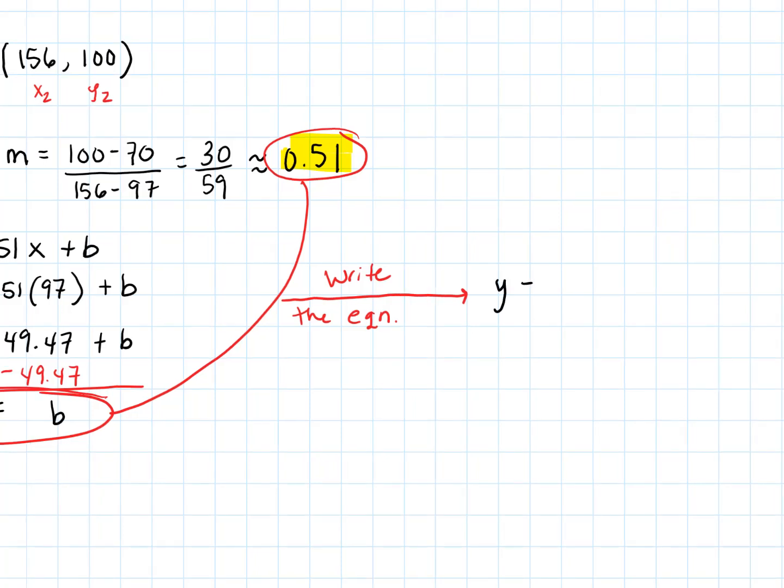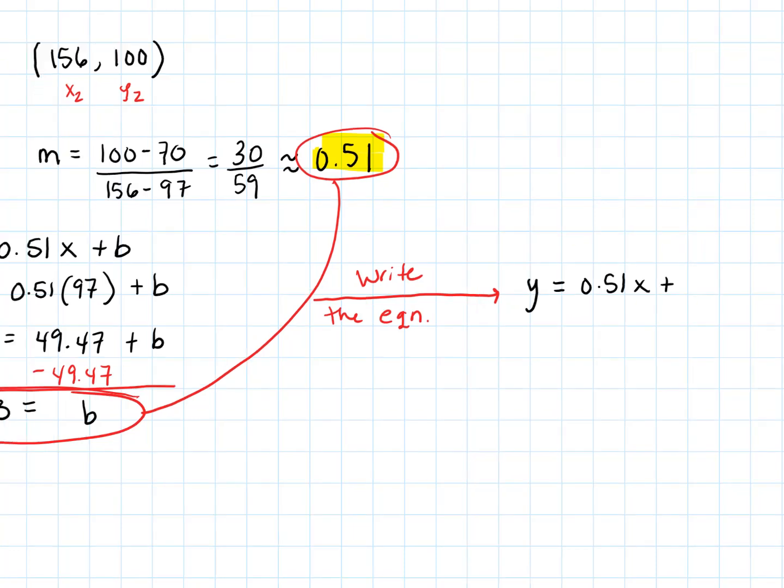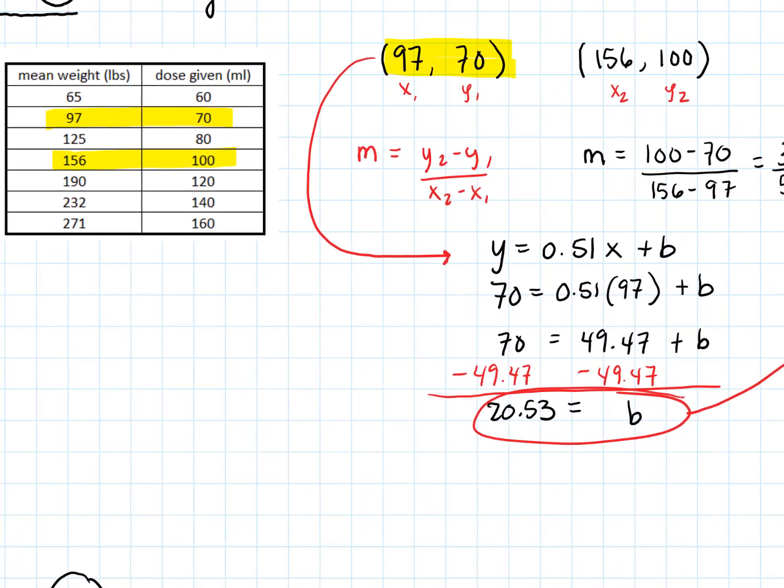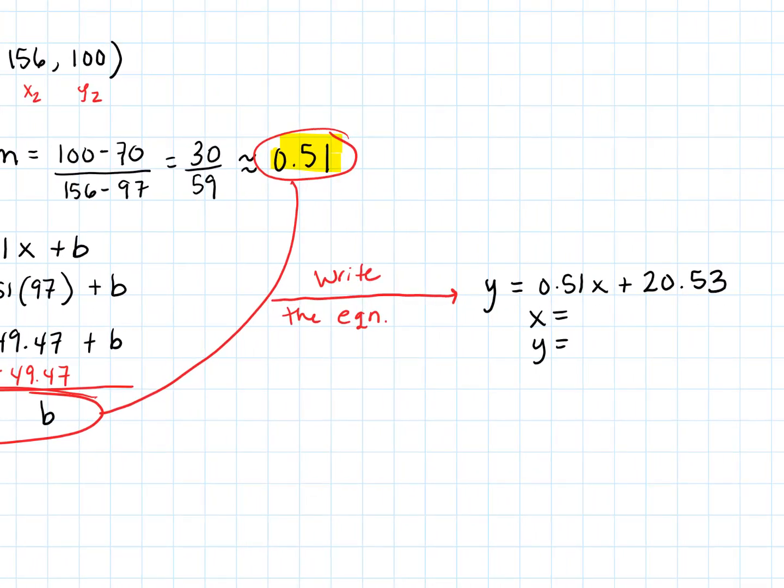So y equals 0.51x plus, what do we find for b? 20.53. And this is where we have to also describe what x and y represent. So we'll always, after we write the equation, define what x and y are. And in this particular case, x is the weight in pounds of a patient.